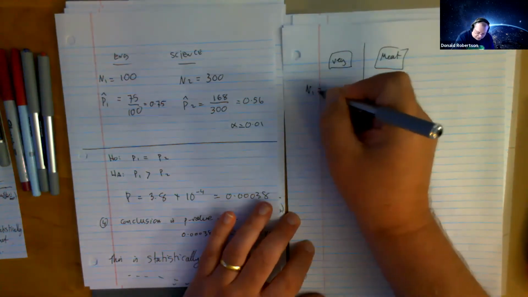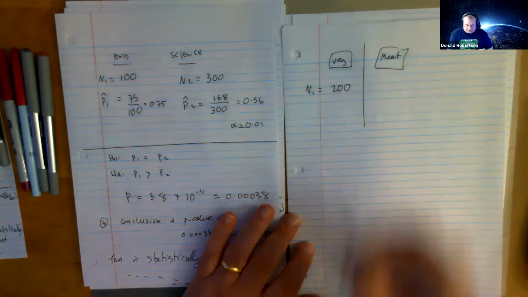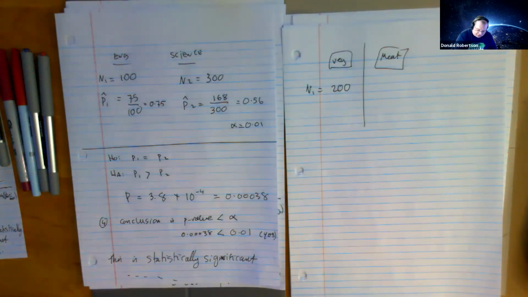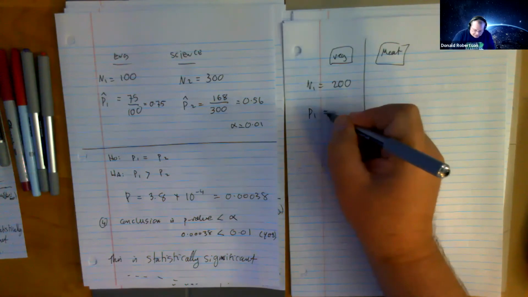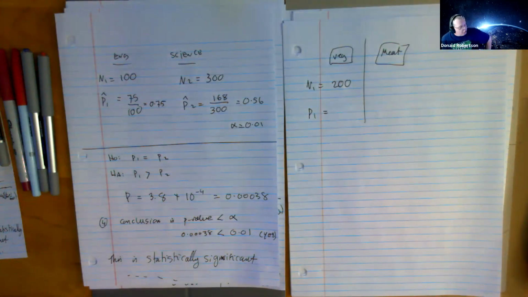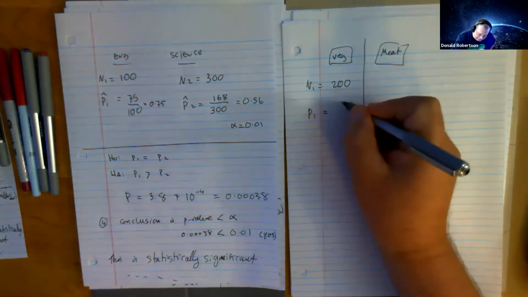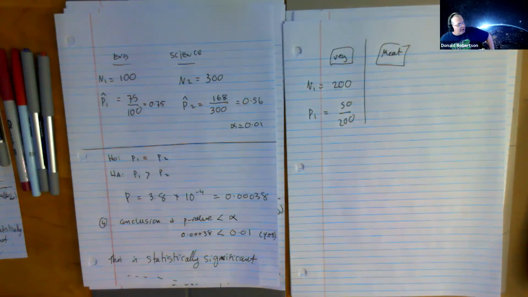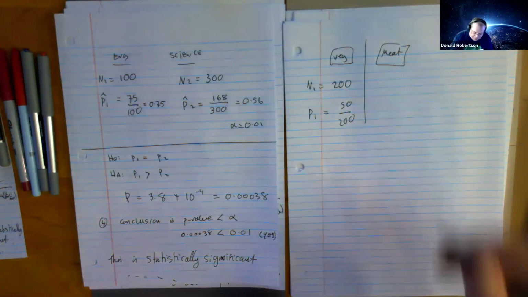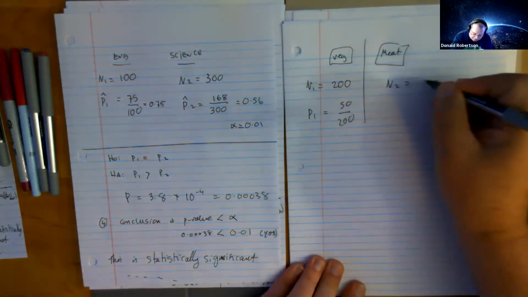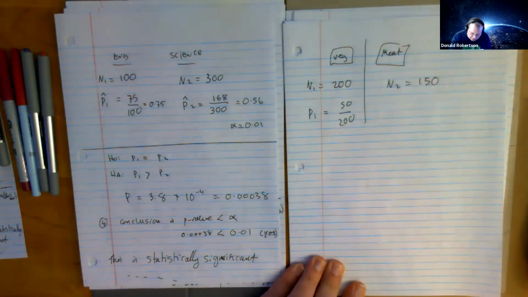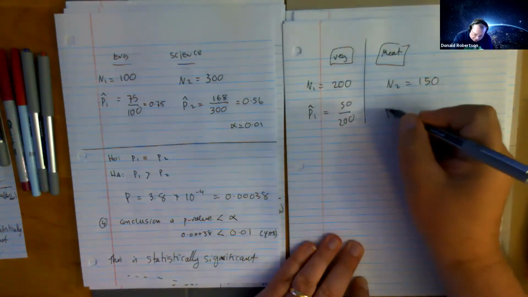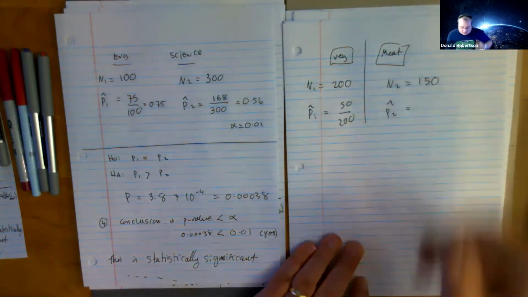So they collected 200 vegetarians, and they went and asked them, are you happy? And 50 out of the 200 said, yeah, I'm happy today. And they got 150 meat eaters, and they asked them, are you happy?